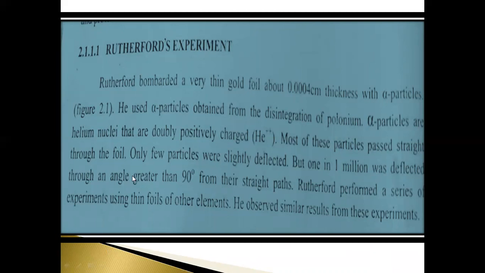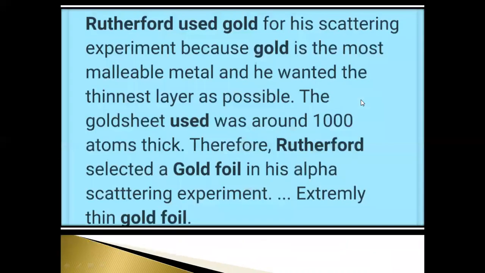Rutherford bombarded a very thin gold foil, about 0.0004 centimeter thickness. Why did he use gold foil? Rutherford used gold foil for his scattering experiment because gold is the most malleable. Malleable means we can turn it into thin sheets, or thin tubes or thin pipe.